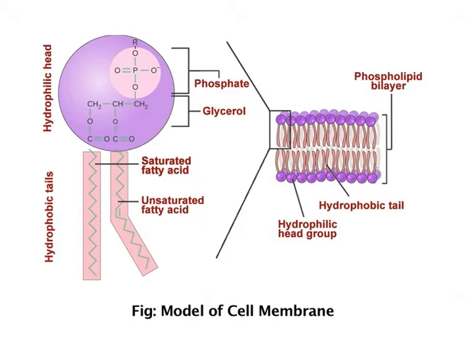This lipid molecule has a central, somewhat polar carbohydrate moiety linked to a highly polar group, which we call the head, and to 2 nonpolar long hydrocarbon chains, which we call tails. The essential feature is the polar head group to which hydrocarbon tails are attached.